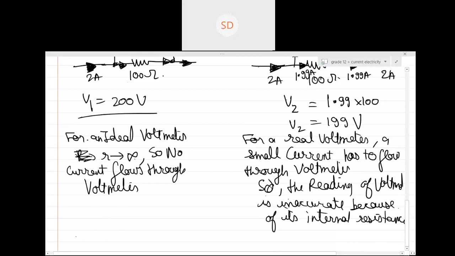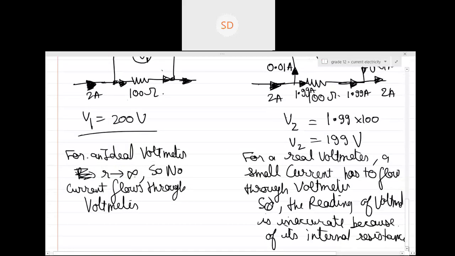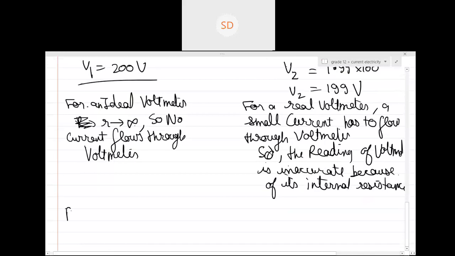So if someone asks how accurate the voltmeter V2 is, if I say this is V1 and this is V2, the reading of V2 is accurate by how much?